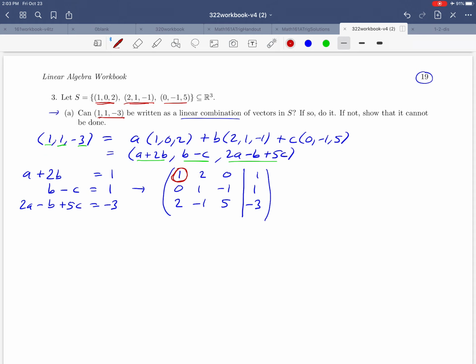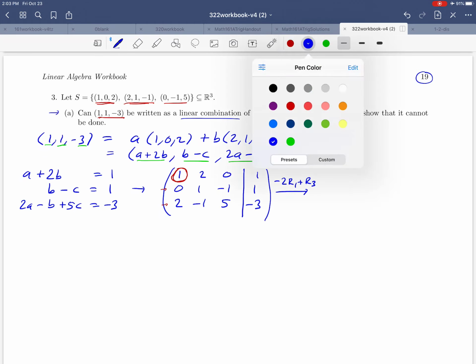And we want to get zeros underneath that pivot position. We've already got a 0 right below it. We'd like to get a 0 where that 2 is. So we need to think about what row operation would do that. I'm thinking if we take negative 2 times the first row and add it to the third row, we're going to get a 0 in the lower left-hand corner.